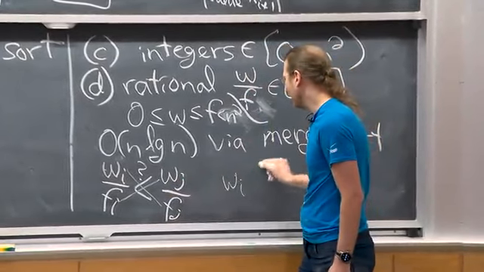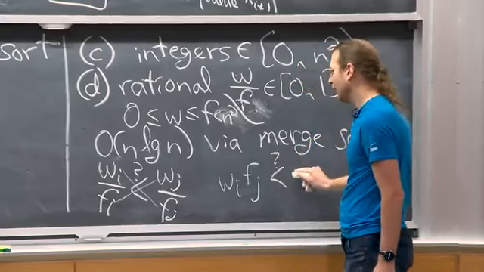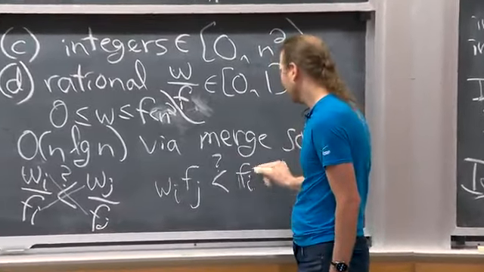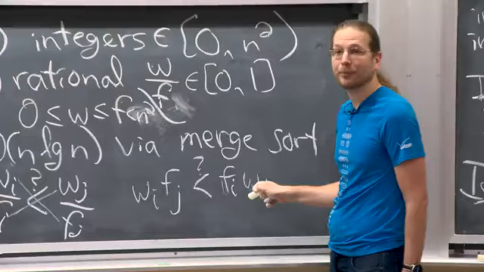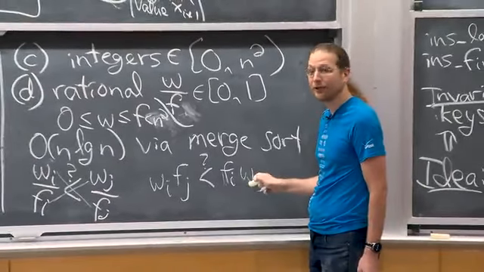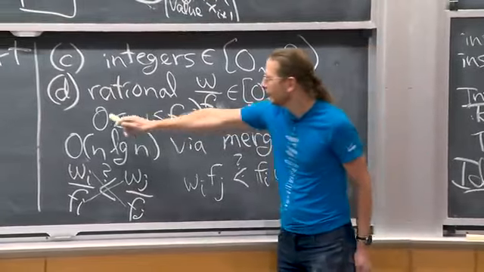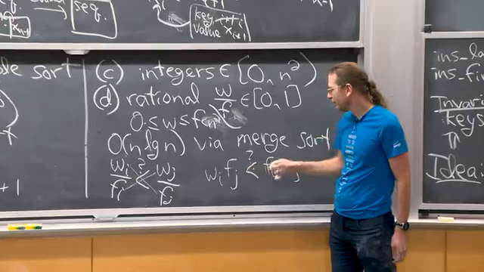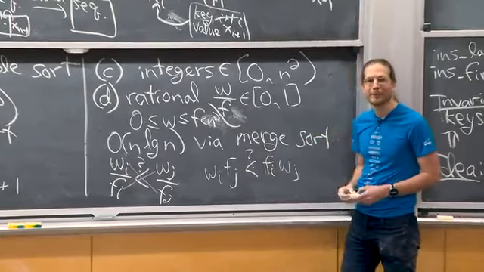So then we get wi fj less than question mark fi wj. When we do that, we better make sure that the things we're multiplying by are non-negative, otherwise the sign flips. But here we assume they're all non-negative. So this is good. And now we're just multiplying two integers here, multiplying two integers here, and comparing. Those are all things I can do in a word RAM.